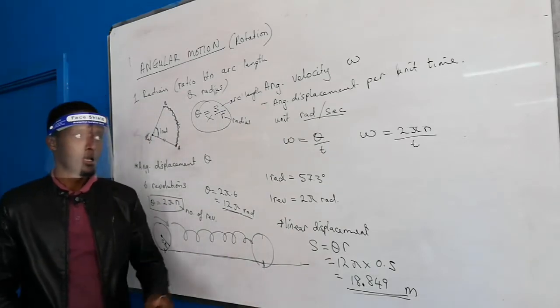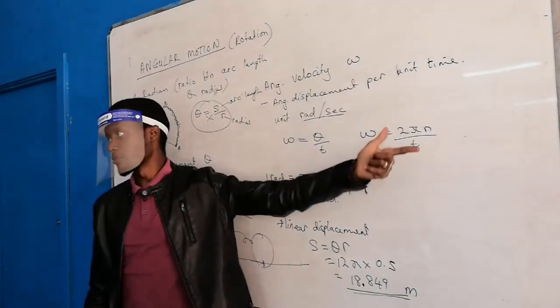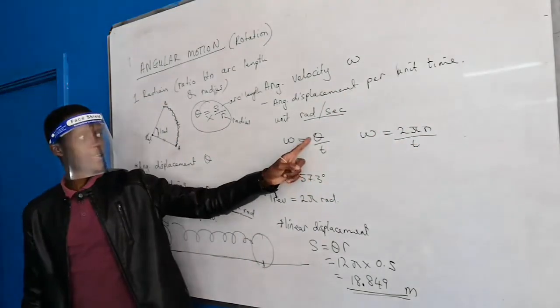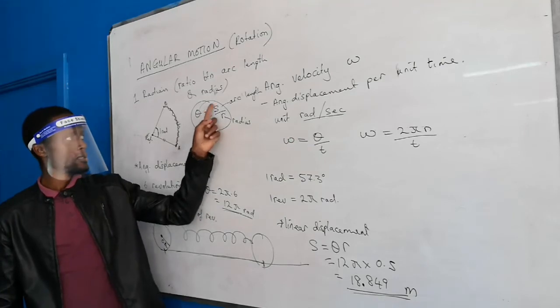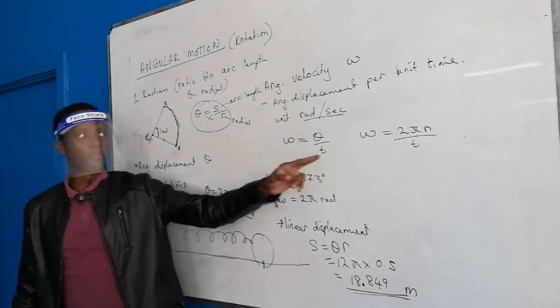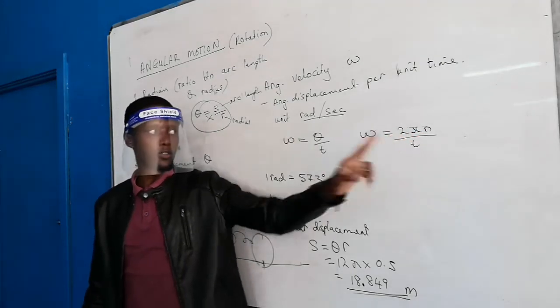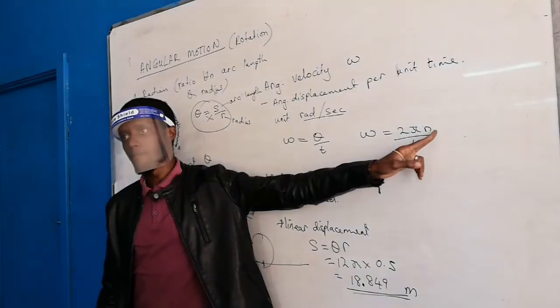Okay. With this 2 pi n, you have made more than one revolution. With the other one, where you have not made a revolution, you can just use that. If you have made more than one revolution, it's 2 pi n. If you have only made one revolution, it will just be times 1.